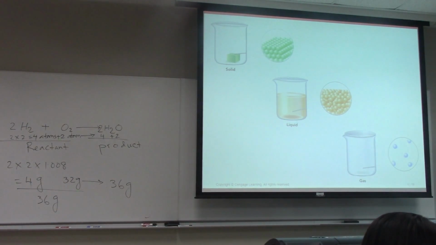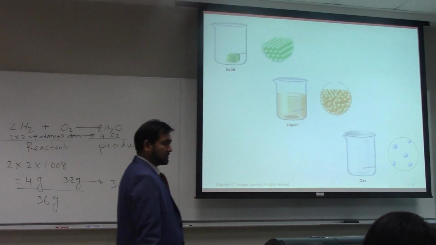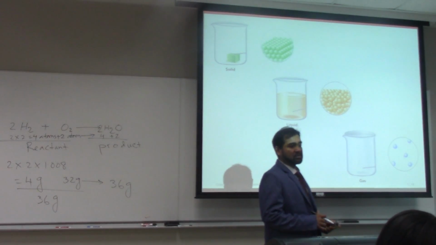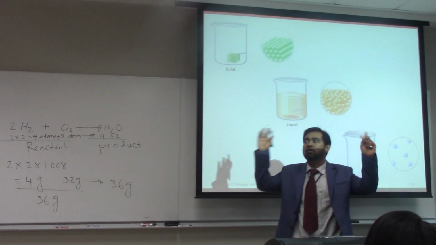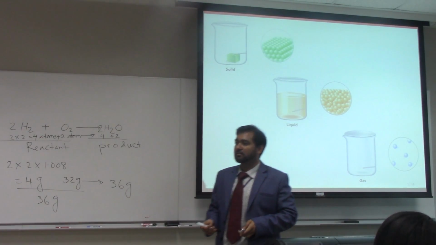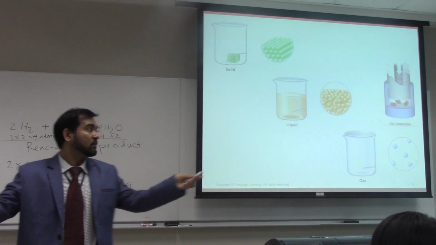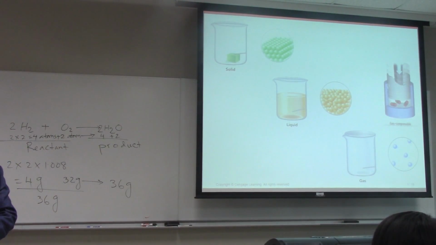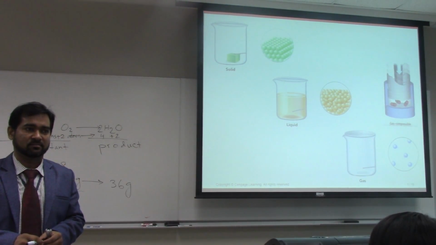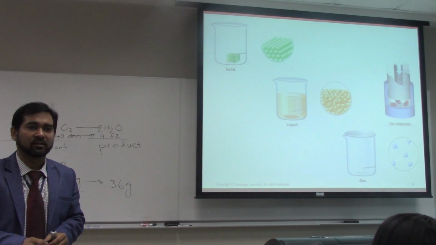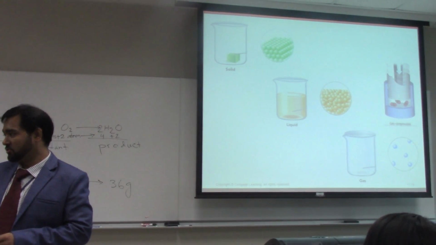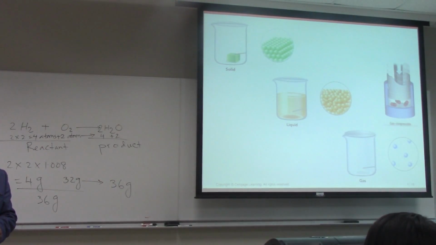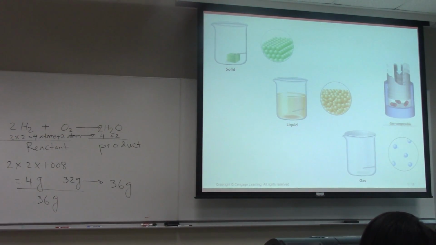So gas doesn't have a specific volume or a specific shape. For instance, the room is full of air. You can compress the whole room full of gas into a small container. What does it mean? It's able to compress. It doesn't have a specific volume, not even shape. So you see how gas is compressible.